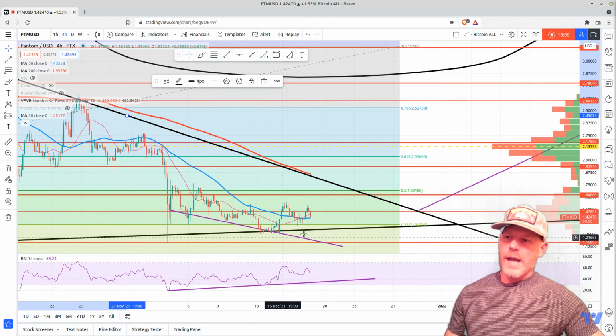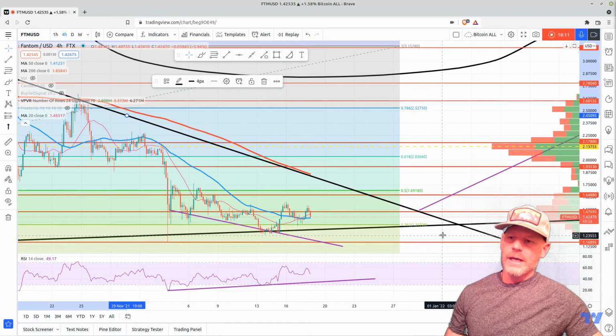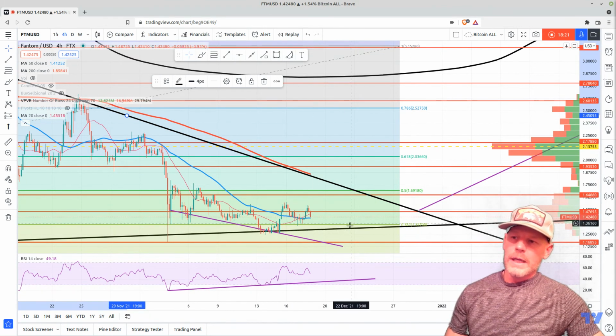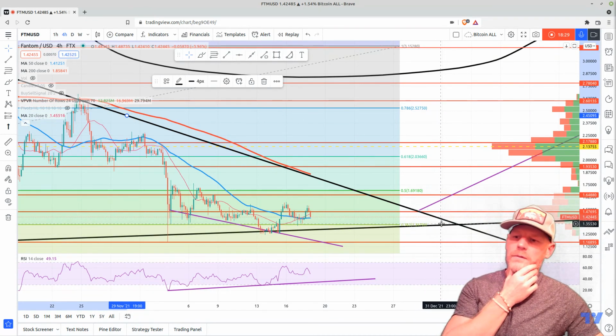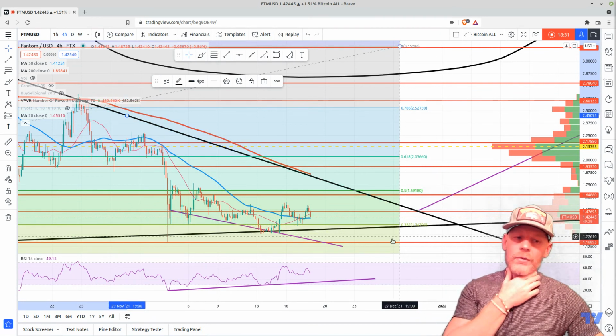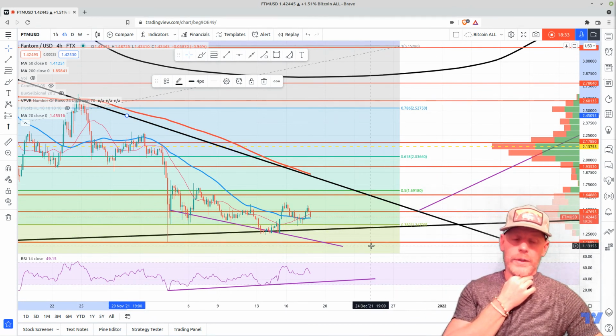Again, we have all the way to the end of this triangle, which actually can go all the way into the 1st of January, the 31st of December to the 1st of January. If we continue to squeeze down into this area, see the date down there, 30th, 31st, 1st of January. So we can go that long before the bulls really come out.